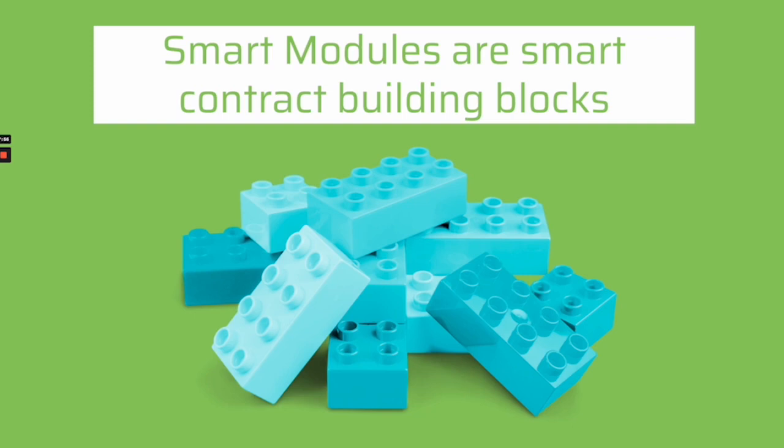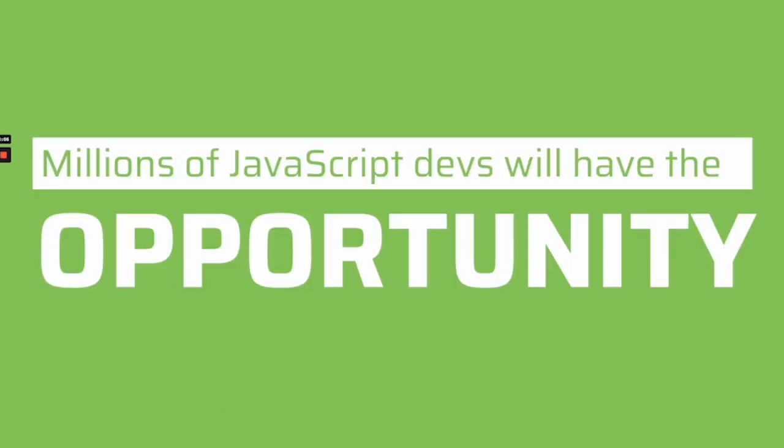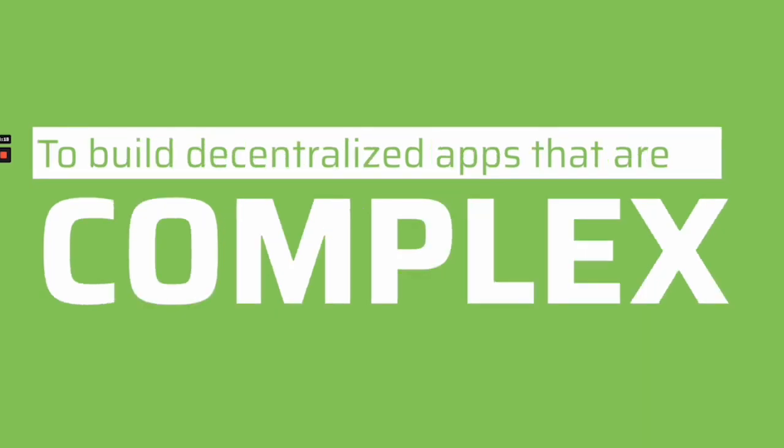If you bring that model to Web3, the equivalent would be smart modules, which are on-chain smart contracts that are essentially building blocks. What this can do is open up opportunity for millions of JavaScript devs and give them the same ability to grow, flourish and thrive in Web3 as they did in Web2.